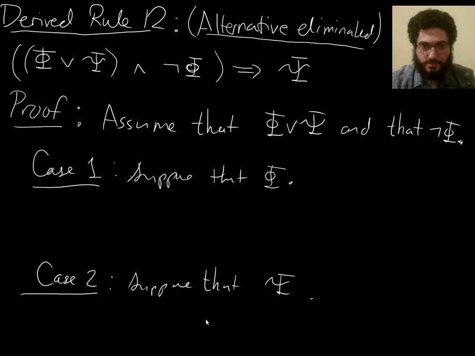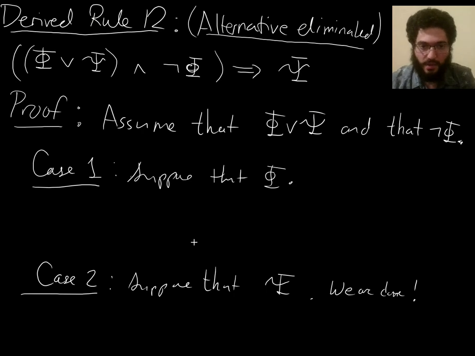Well, case 2 is pretty easy because psi is actually what we're trying to prove. So it's done already. If you suppose that psi is true, then that's it. We are done. On the other hand, case 1 is going to take some effort.